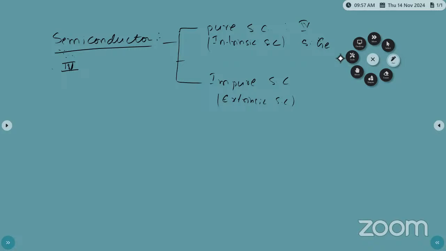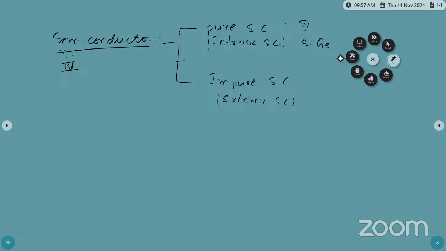Next, what is the noble gas nearest to silicon? Argon. What is the atomic number? 18. Before 18, what is the other noble gas? Neon. What is the atomic number? 10. So the neon atomic number is 10 and the argon atomic number is 18.